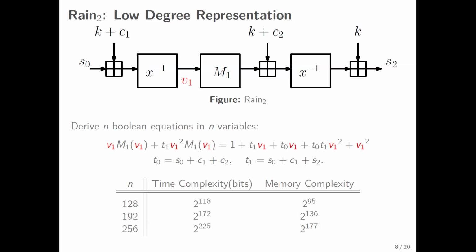After converting it, we would have a system of n Boolean equations in n variables, and then it would be easy to solve. We use the polynomial method, and we showed that the time complexity of solving this polynomial system, for all 3 instances at 3 different security levels, is smaller than the security requirement.